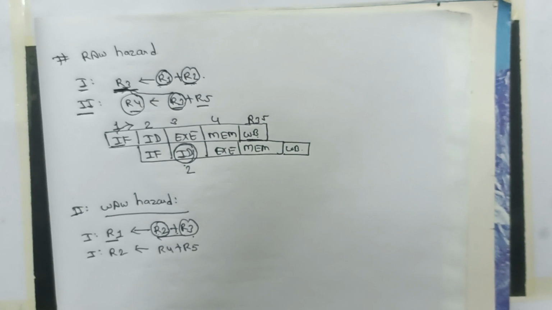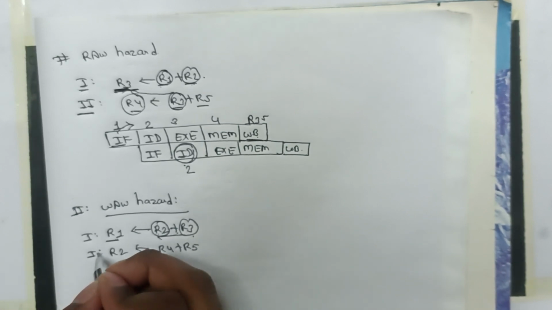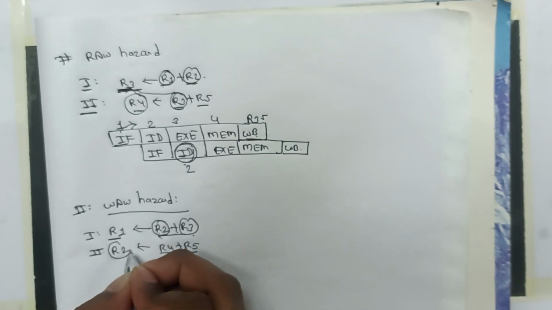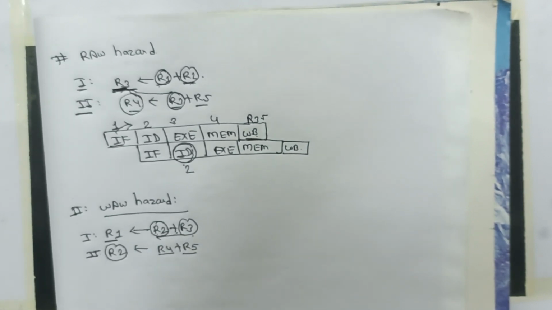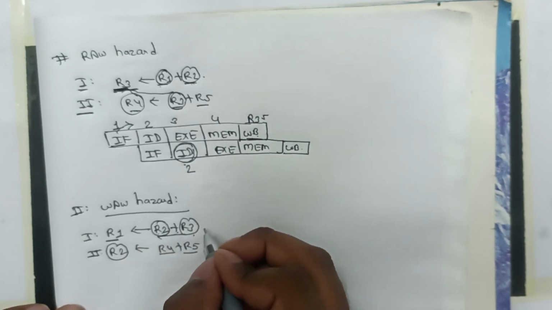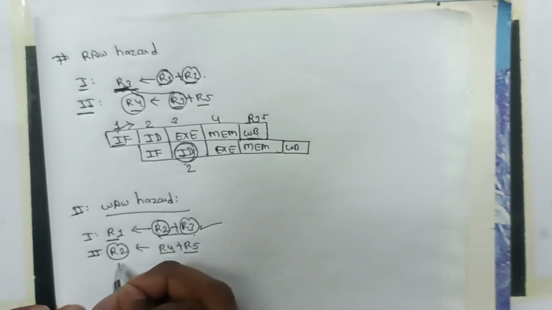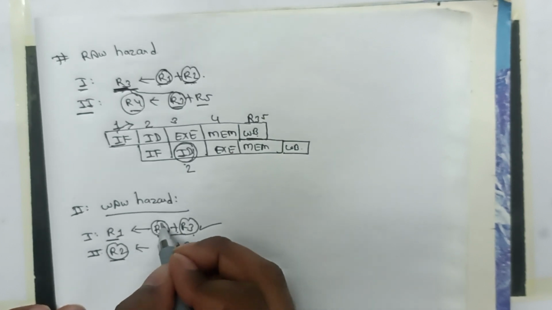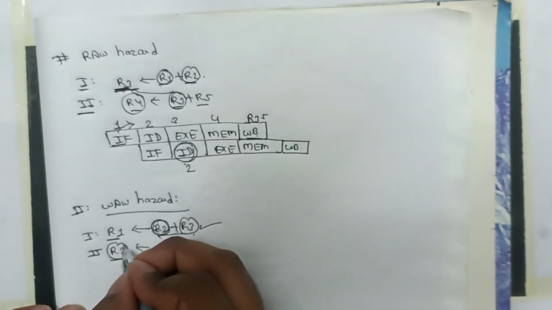In instruction 2, R4 is added with R5 and stored in R2. Let's suppose before instruction 1 is executed, instruction 2 is executed. It means the value of R2 is updated from this.